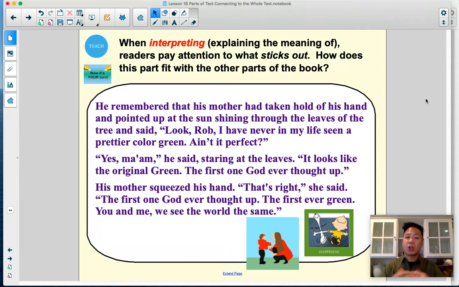So when we are interpreting, readers pay attention to what sticks out, because usually if it sticks out, the author has made it stick out for a reason, to make us sort of pay attention to it. So let's look at one section that sticks out in the book. This section happens in The Tiger Rising, where our friend Rob leaves the motel room because his dad is angry about the rotten meat.